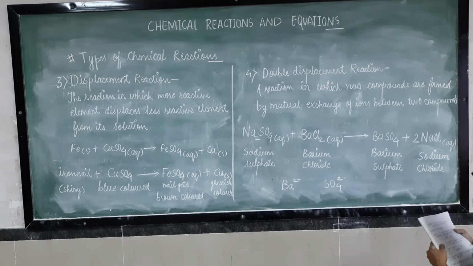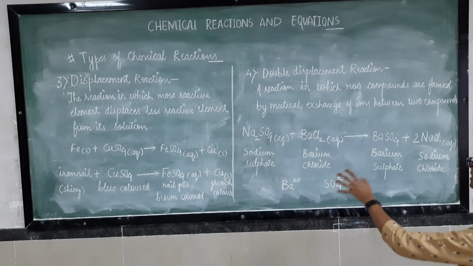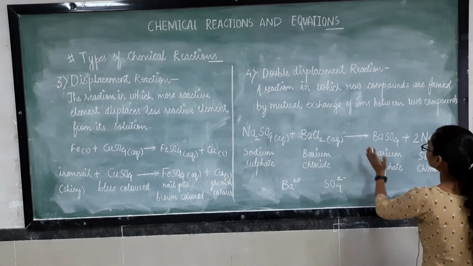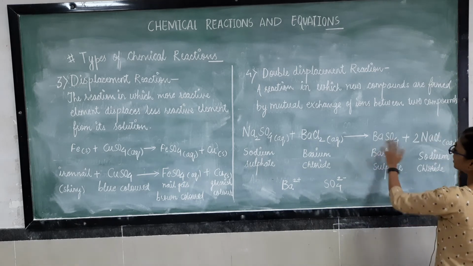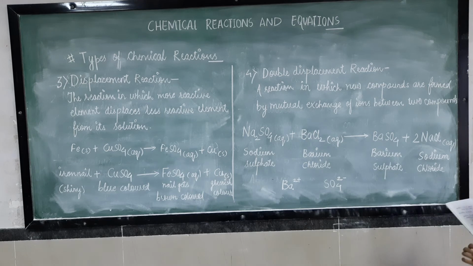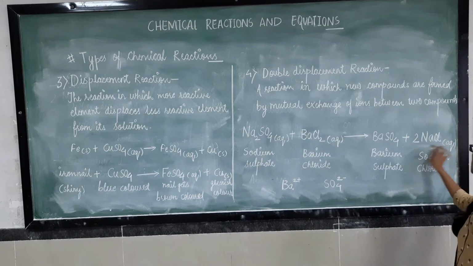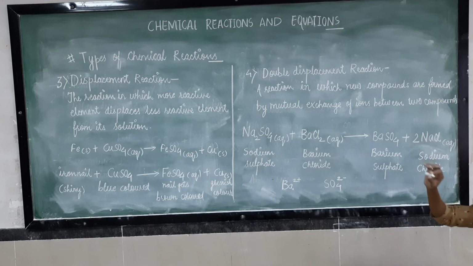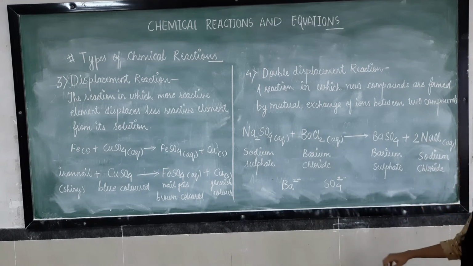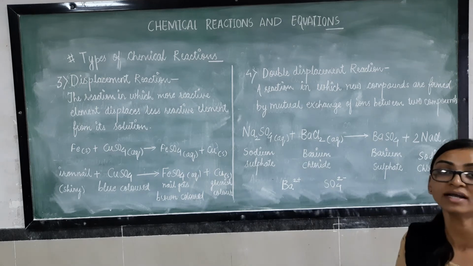So a precipitate is an insoluble solid that emerges from a liquid solution. So when the reaction takes place, barium sulfate is formed here, and barium sulfate is a solid. Barium sulfate is formed and aqueous NaCl is formed. The barium sulfate gets precipitated here, so it is formed at the bottom of the test tube. This type of residue is called a precipitate.